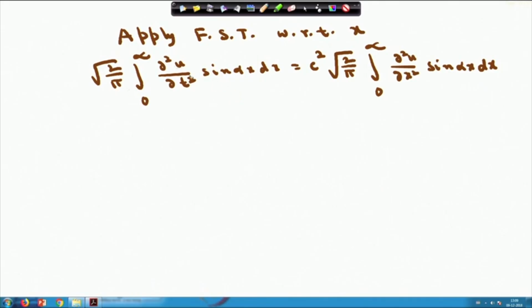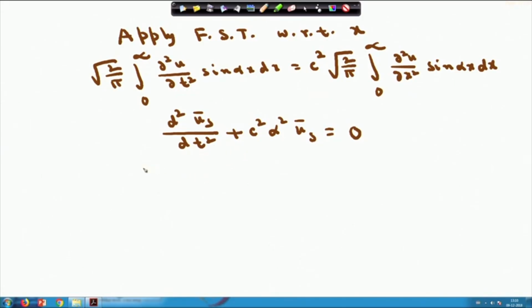Directly I am writing, left hand side will become d 2 u bar s, I am not explaining this because already we have done this thing, and this will be minus c square alpha square u bar s. Using the conditions provided, please check that if I evaluate the integral, ultimately this will be transformed to this second order ODE.